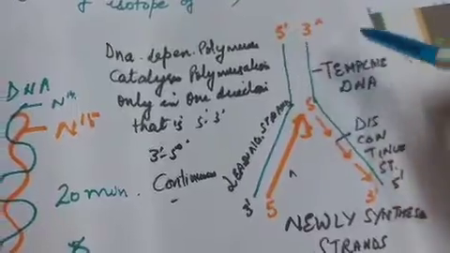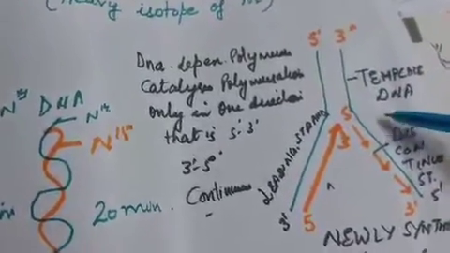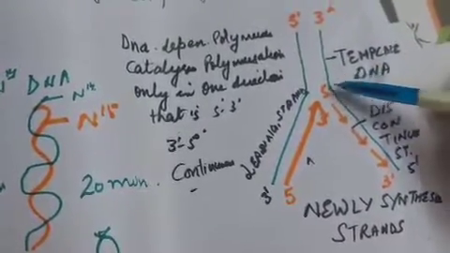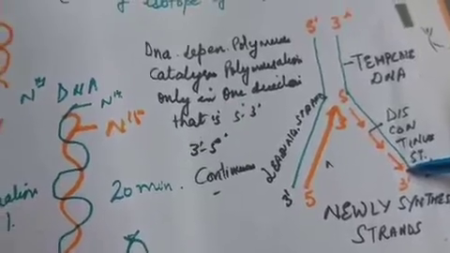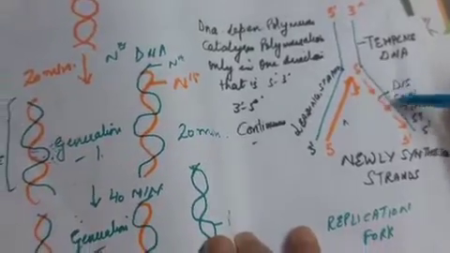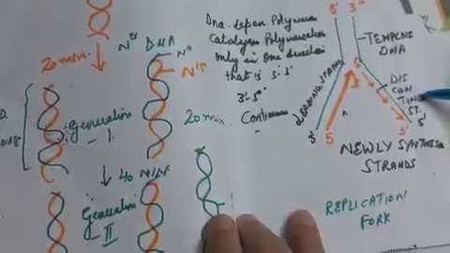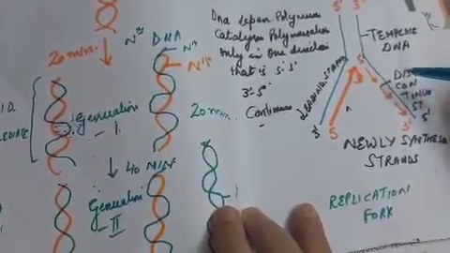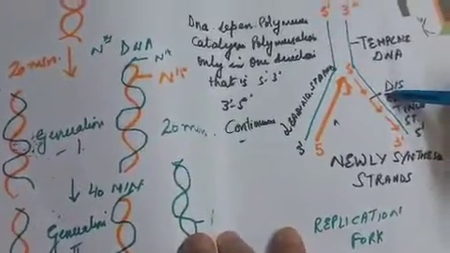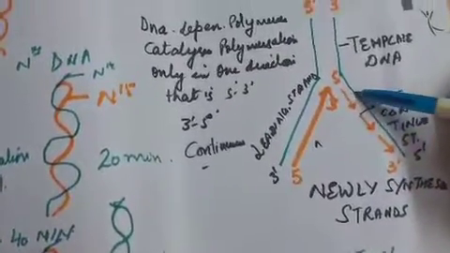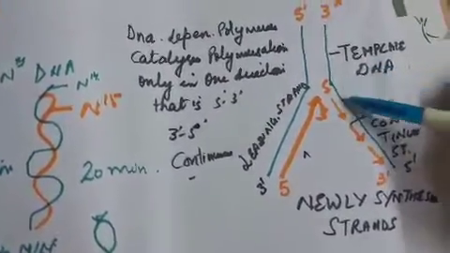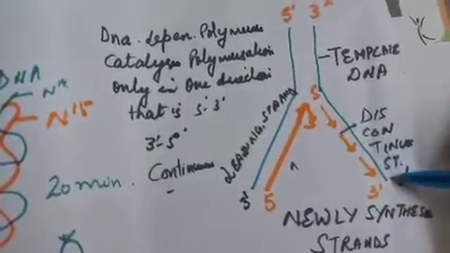Next, on the template strand on the other side, that is 5 to 3 direction, you will see here DNA is formed in fragments. So this type of synthesis of DNA is called discontinuous synthesis, and the strand formed is lagging strand. Ligase, or molecular glue, joins these small fragments.